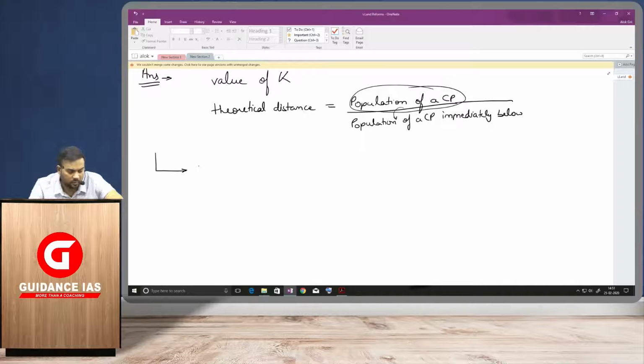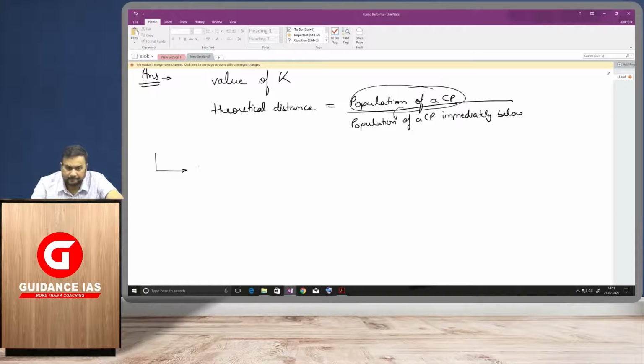With respect to both the values of K and theoretical distance.